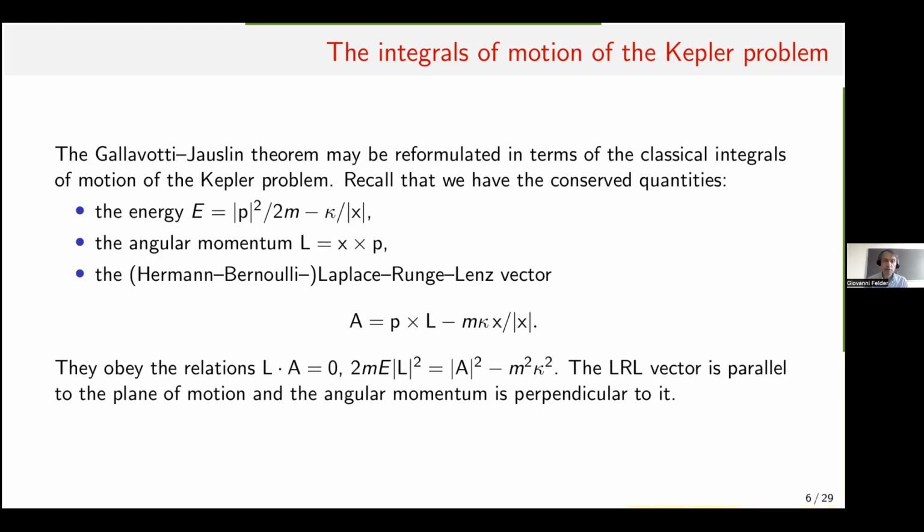In the three-dimensional case, we would have seven integrals of motion: the components of the angular momentum, the components of the Laplace-Runge-Lenz vector, and the energy. But they obey relations. The angular momentum is perpendicular to the Laplace vector, and you have this quadratic relation between the components. So before introducing this wall, this is the very classical picture for the Kepler problem.